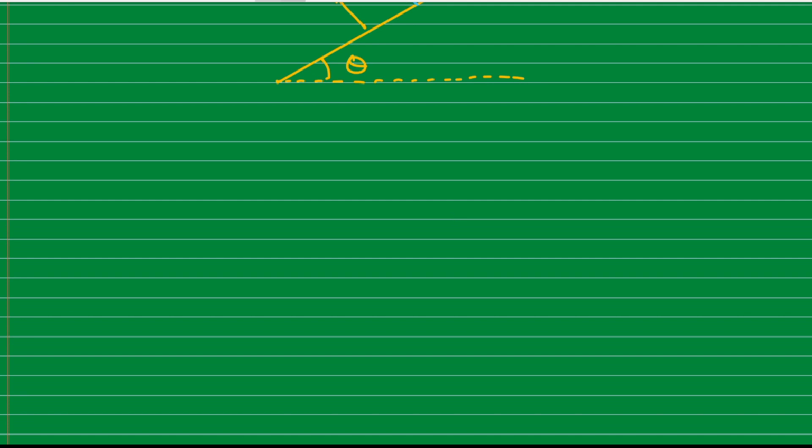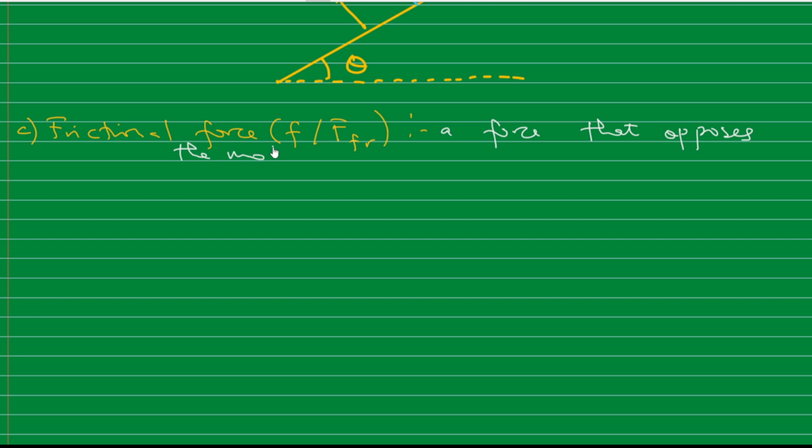The next type of force that we have is the frictional force. The symbol for frictional force is a small letter f, or you can use the symbol F for force with the subscript FR, as frictional force.